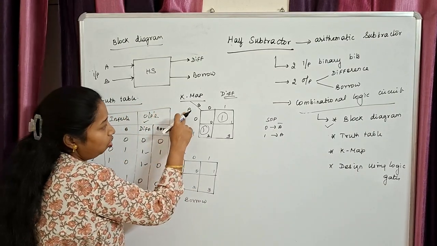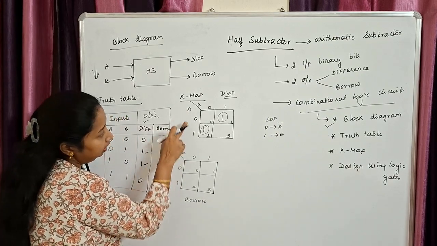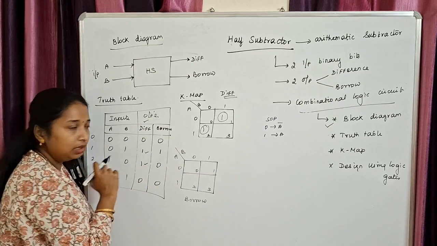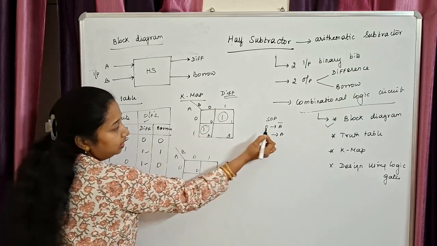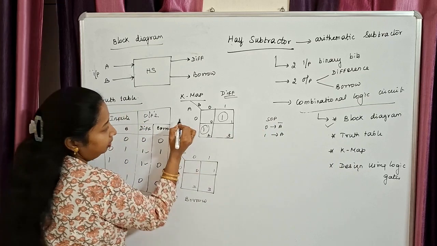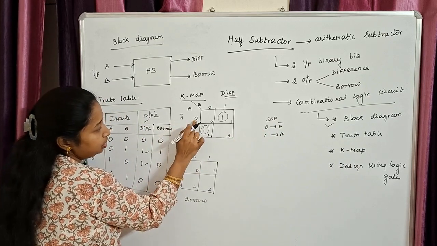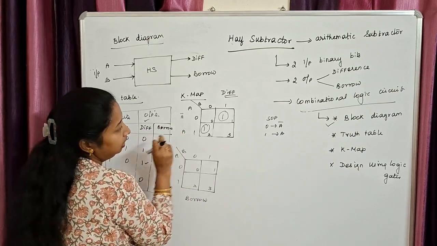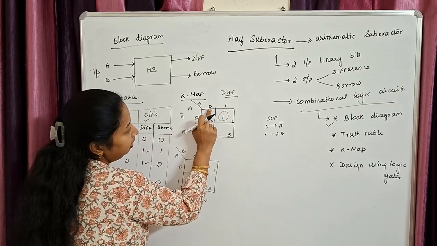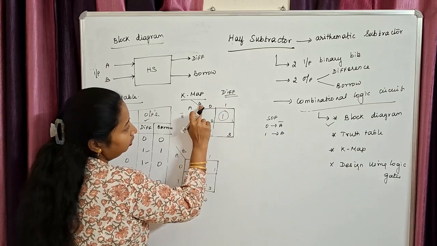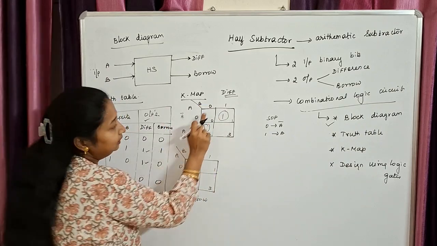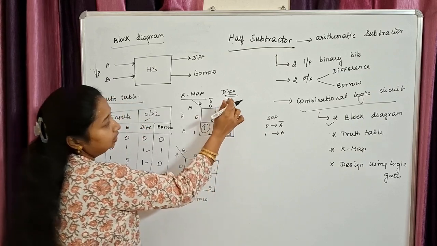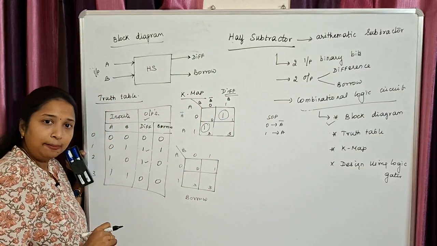Now, all the digits on your vertical correspond to the letter A and the digits on your horizontal correspond to the letter B. Since 0 is represented as a complement of that particular variable, we are going to mention 0 as A bar and 1 as A. Similarly, for the horizontal part, here we have got 0 and all the horizontal part corresponds to the variable B. Since it is 0, we are going to represent it as B bar and here, since it is 1, we are going to represent it as B.